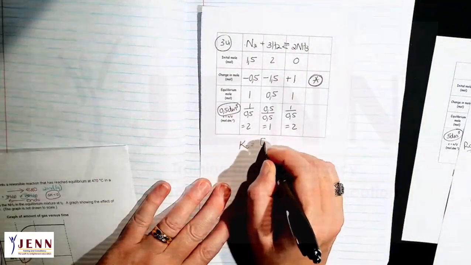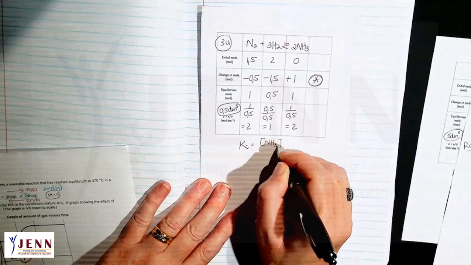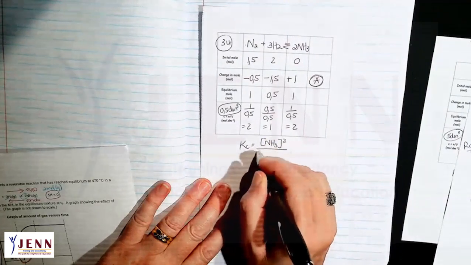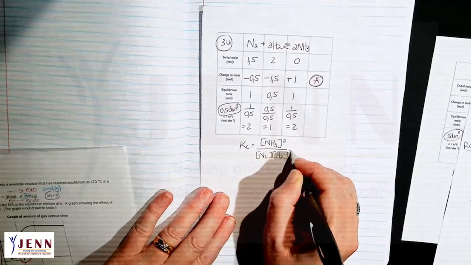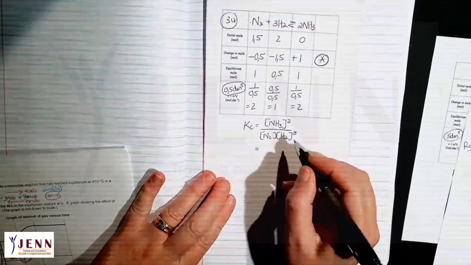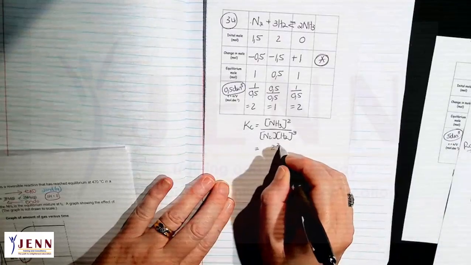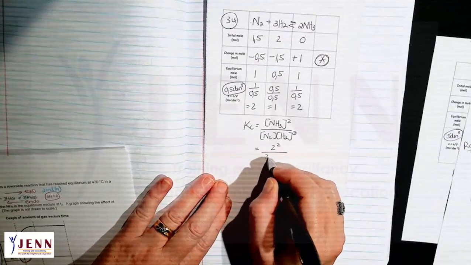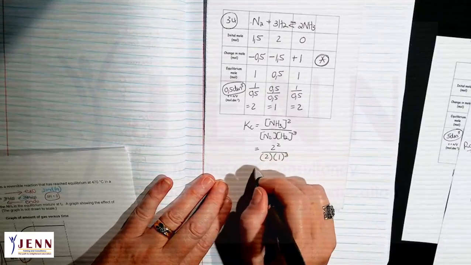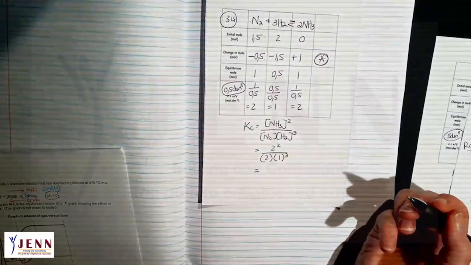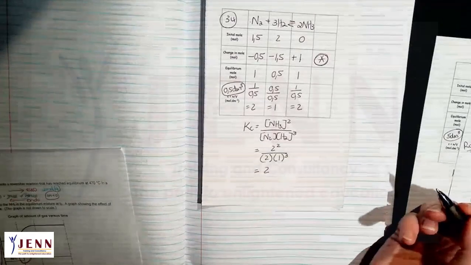So Kc is NH3 squared divided by N2 times H2 to the power of 3. So it's 2 squared divided by 2, and this one is 1 to the power of 3. 1 to the power of 3 is 1, so this answer will be 2.